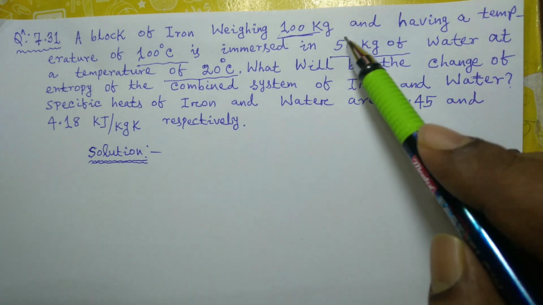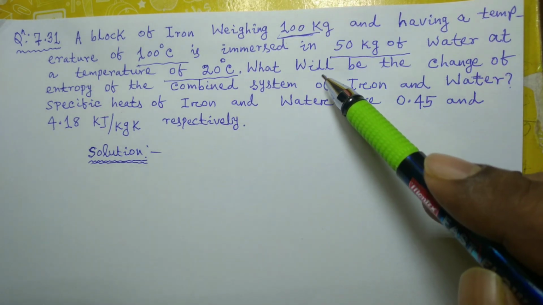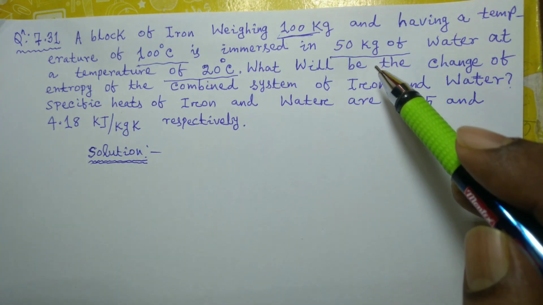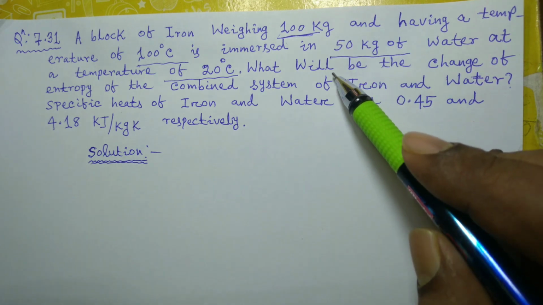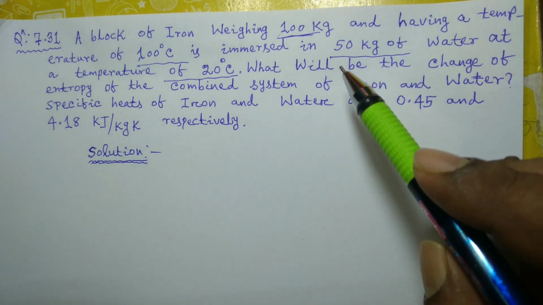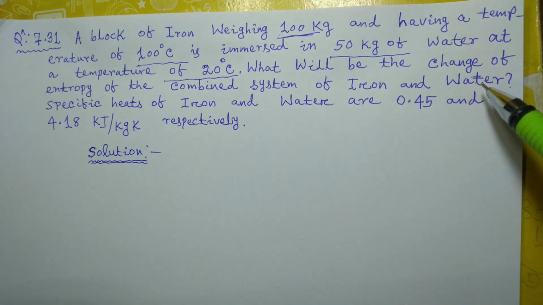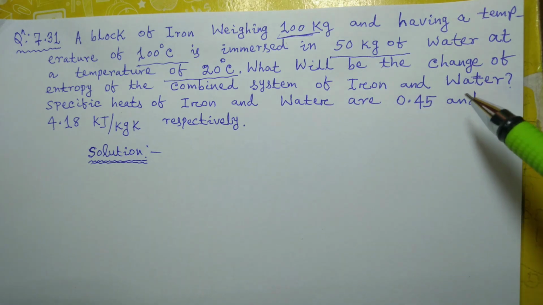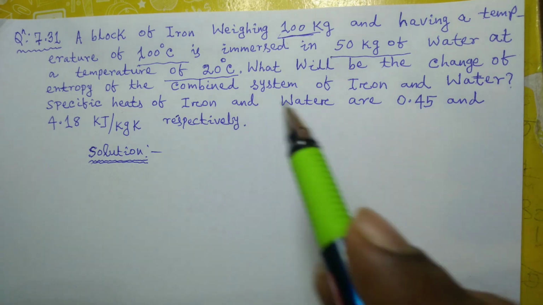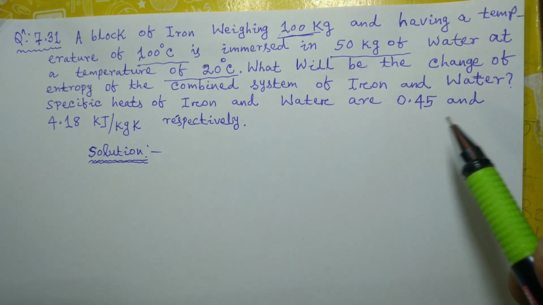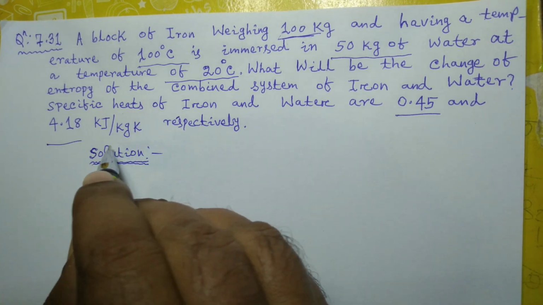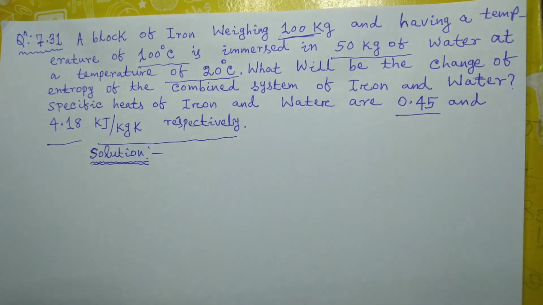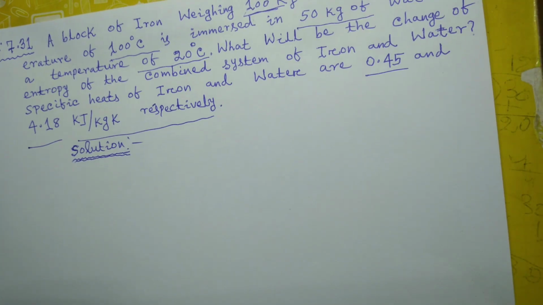So the temperature of the iron block is higher than the temperature of water, and this block of iron is immersed in water. What will be the change of entropy of the combined system of iron and water? Specific heats of iron and water are 0.45 and 4.18 kilojoule per kg Kelvin respectively.